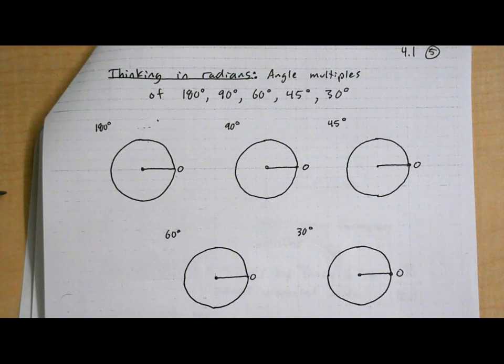This is a visual representation of converting between degrees and radians is what I'm trying to get at here. Some people are still drawing circles, so I'm pausing for a second. I don't want to leave anybody behind.